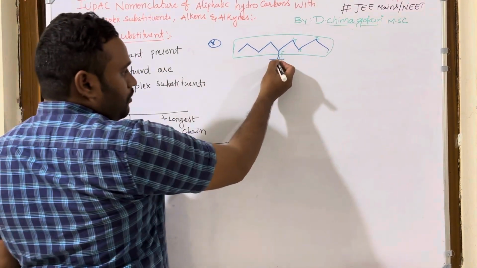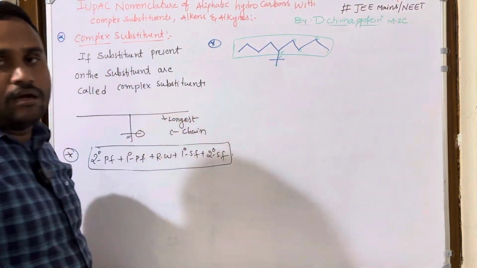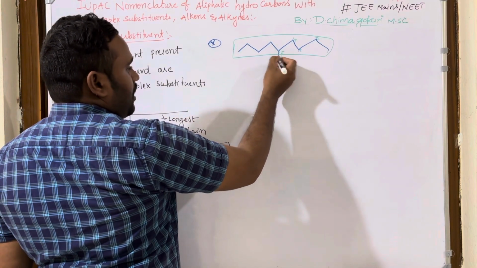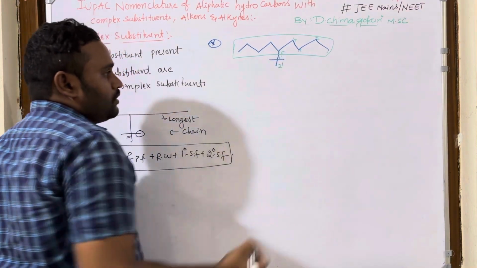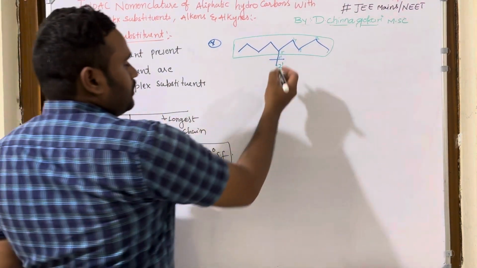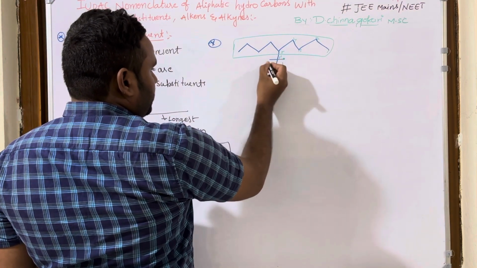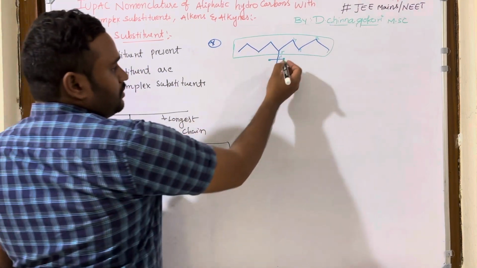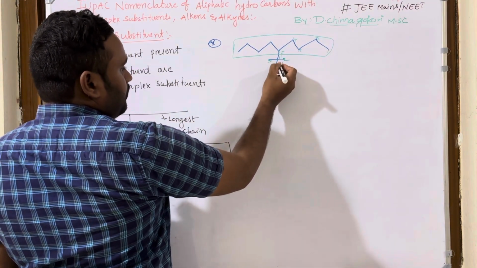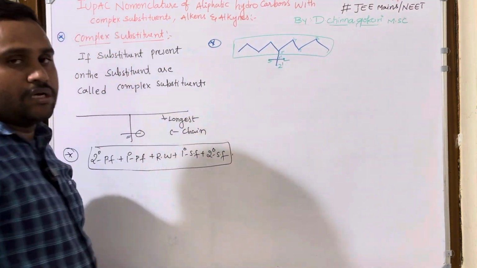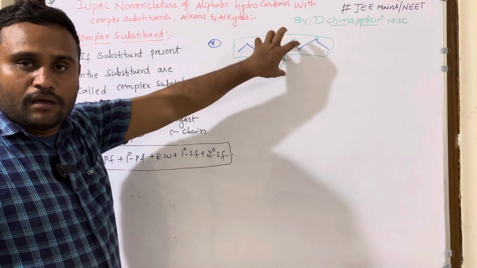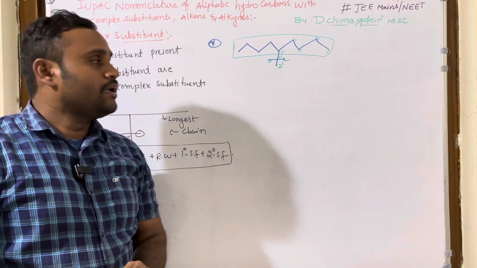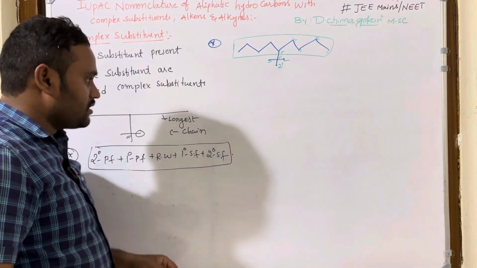Then we should go in the direction in which we get more carbon atoms. In this particular example, in all directions we get only 2 carbon atoms, and these two carbons are not included in the side chain. So these are the substituents present on the substituent. Such a type of substituent is called a complex substituent.